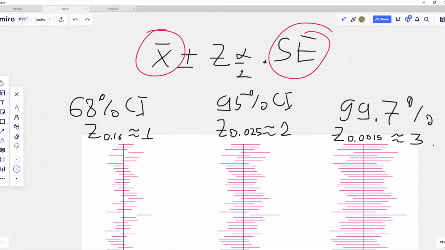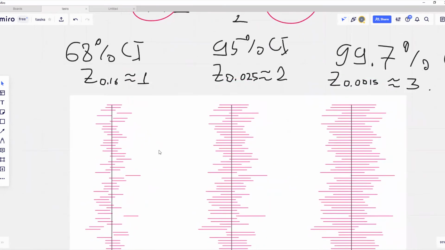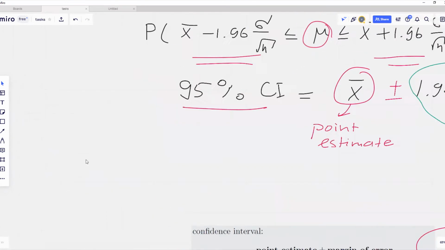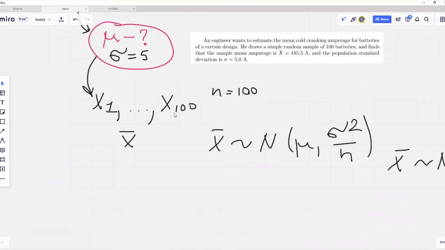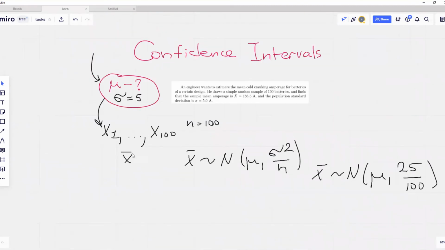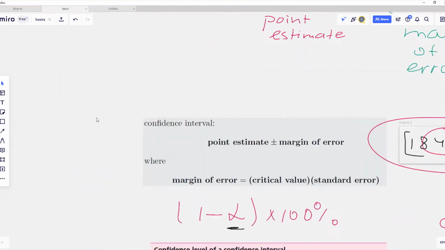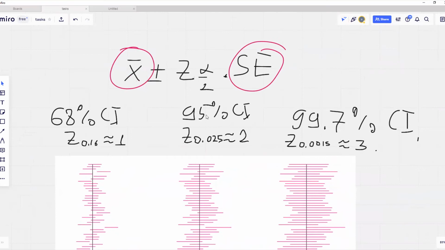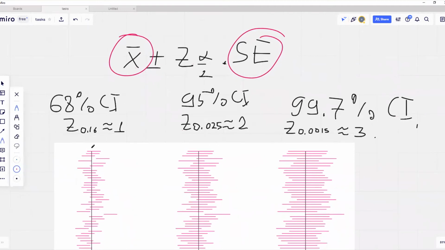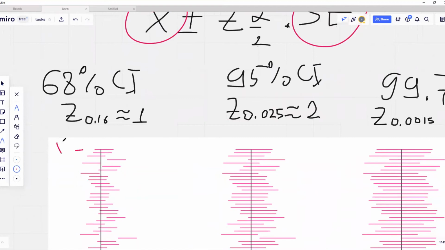Basically, what we are doing here is repeating our experiment of drawing samples of size 100 and measuring X bar. And then we are building different confidence intervals of confidence level 68%, 95%, and 99.7% for each X bar. So here we do our experiment one time.